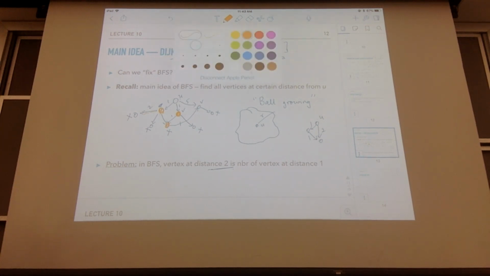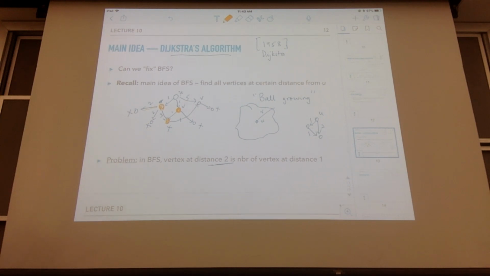Let's give weights for the other edges just to be clear. This is 2, this is 3. So the only vertex I will find now, let me use a different color, is at distance 2. The red ones are now at distance 2, and there's only one such vertex.